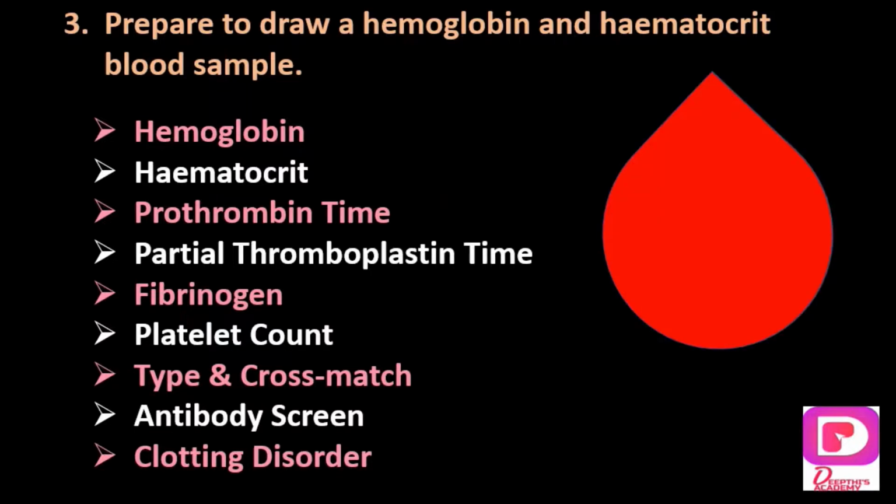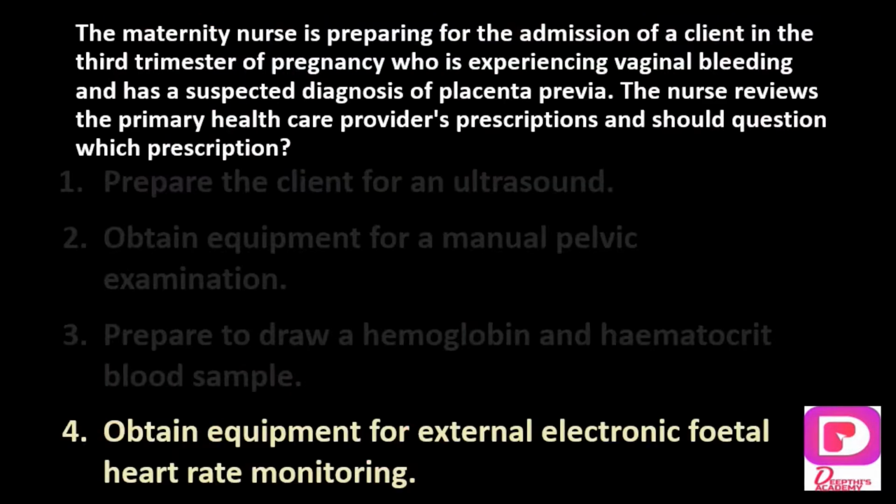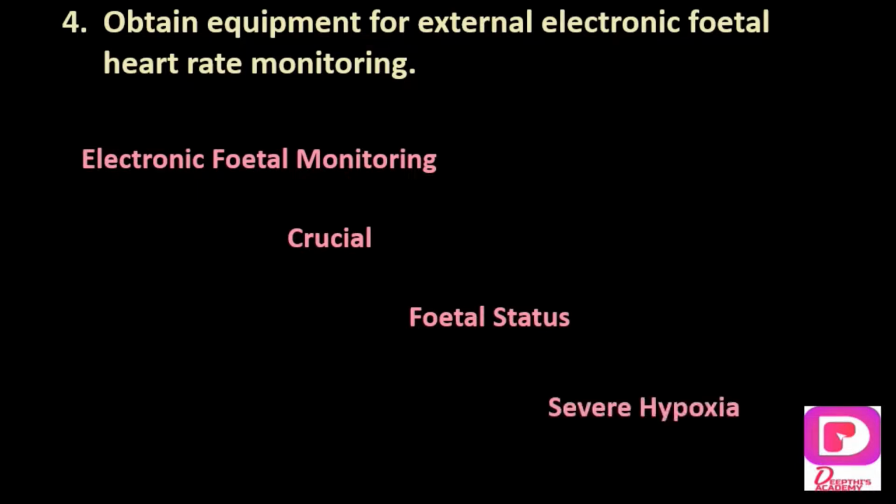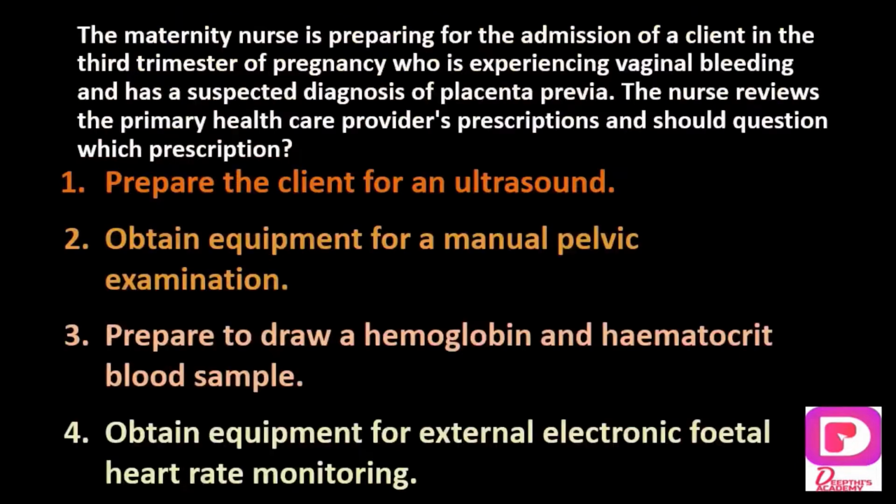And we must be ready for blood transfusion if it is necessary. Option number 4. Obtain equipment for external electronic fetal heart rate monitoring. Electronic fetal monitoring, that is external, is crucial in evaluating the status of the fetus who is at the risk for severe hypoxia.